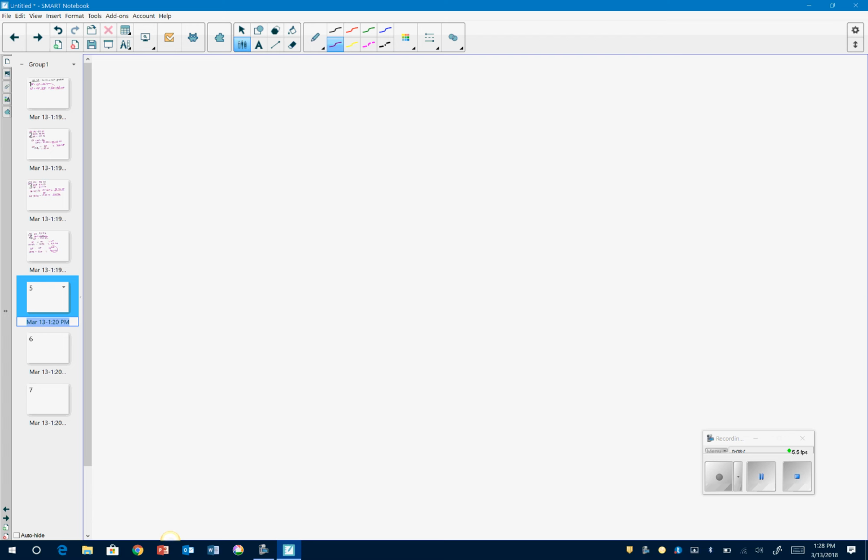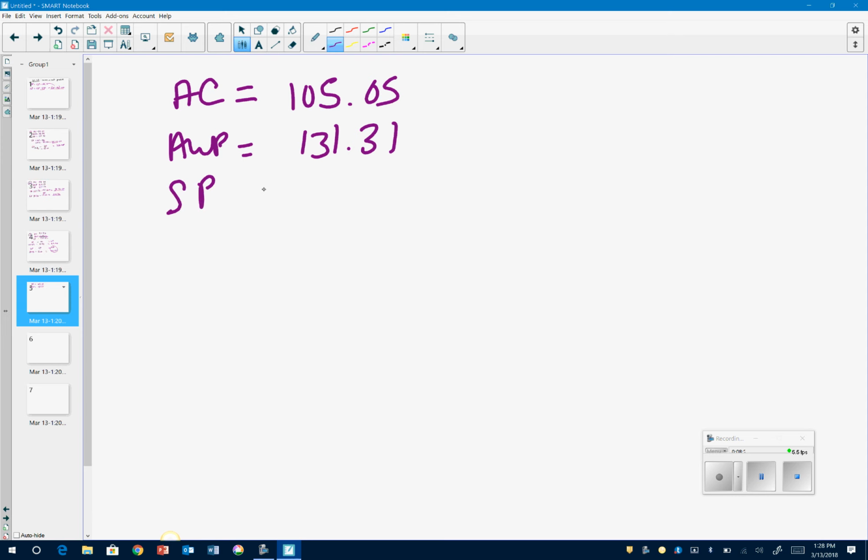So number 5, you have your Procardia XL30. It tells you that your acquisition cost, of course, is $105.05. Your AWP, of course, is $131.31. And your selling price, of course, is going to be $134.36.